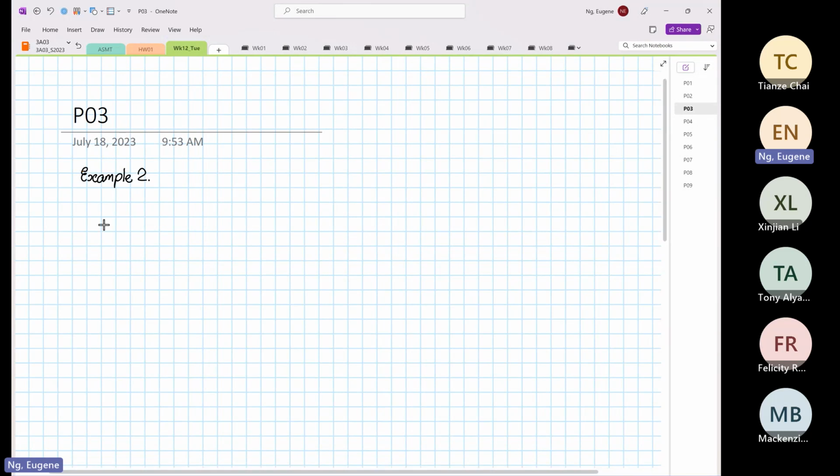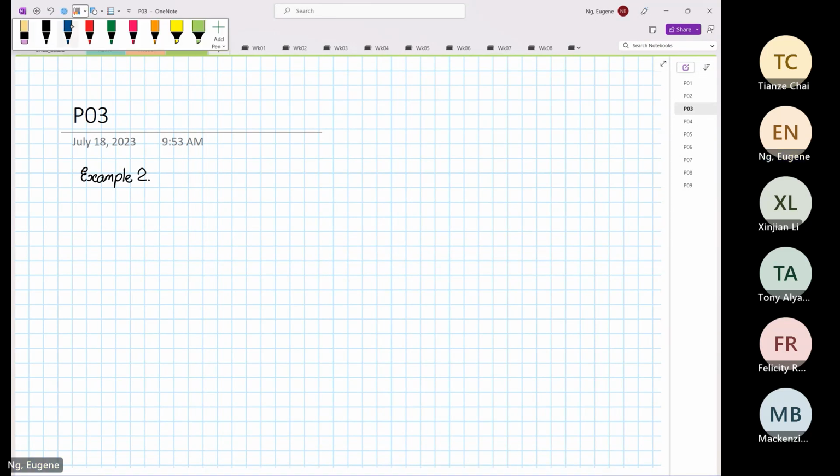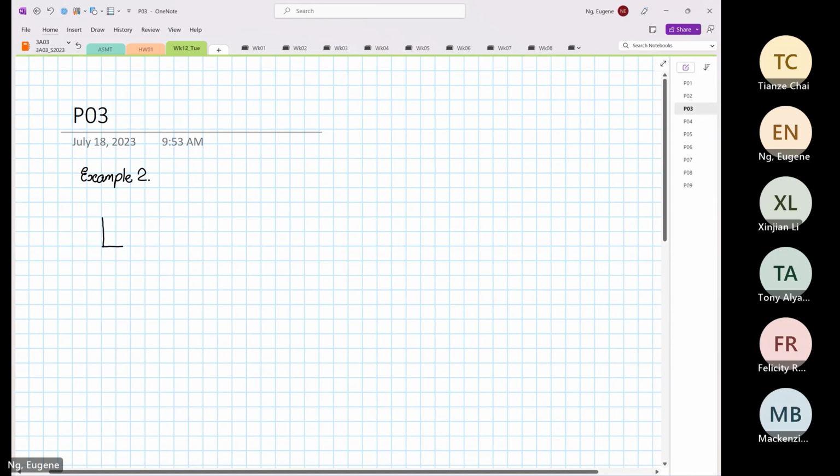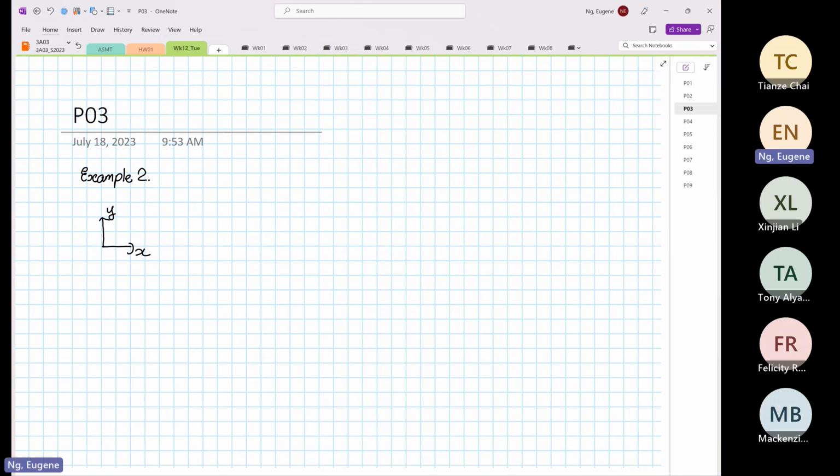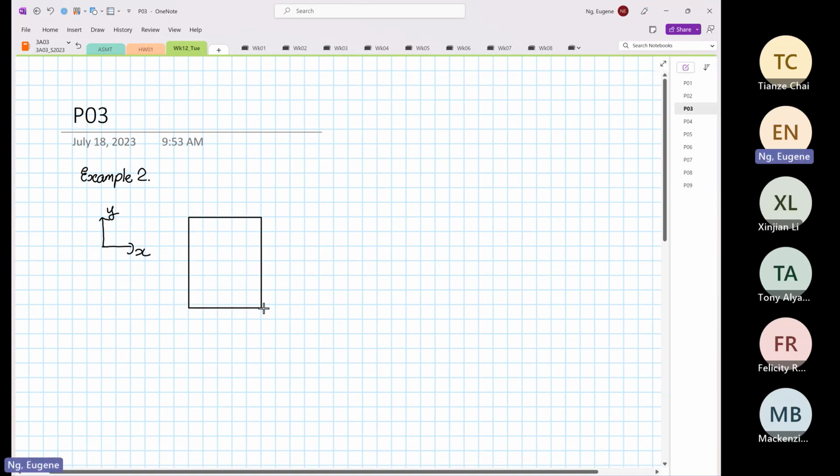Okay, so this is my X, Y, and then we're going to have an element. Okay, this is an element.